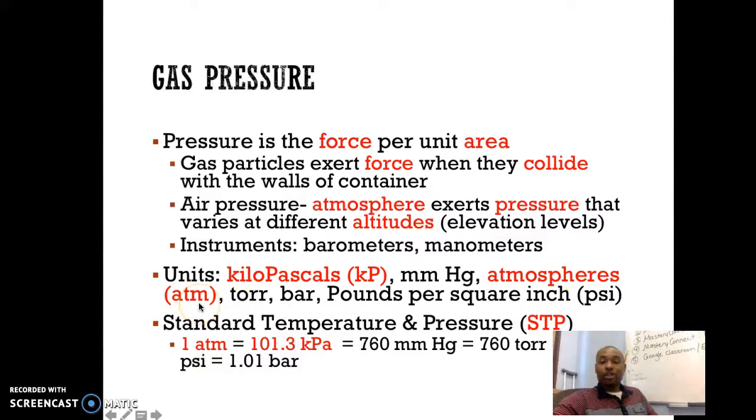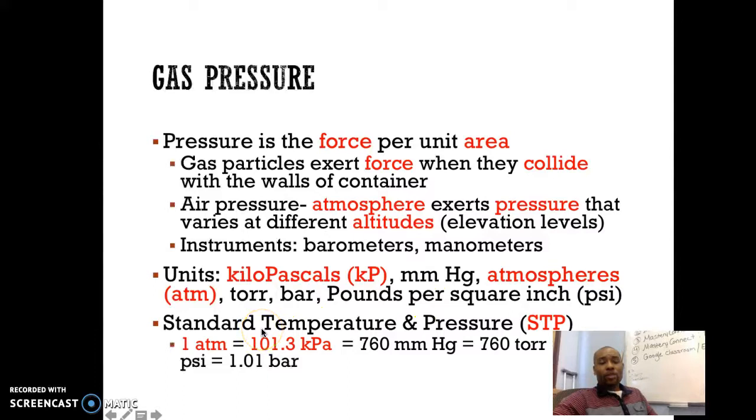That measures how much pressure there is. Sometimes we also use something known as torr. You don't really see that as much, but we use torr. We use bar, and sometimes we use pounds per square inch, or PSI. Now, typically in chemistry, we'll use kilopascals, atmospheres, that type of thing.